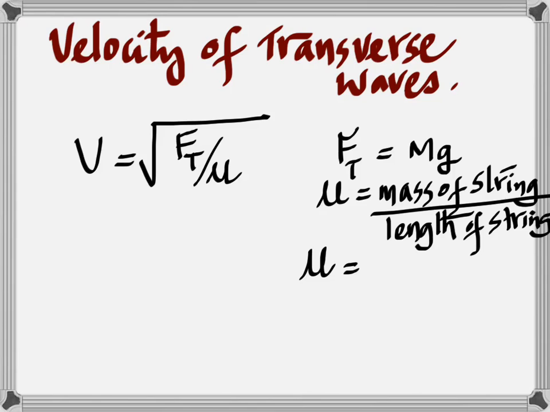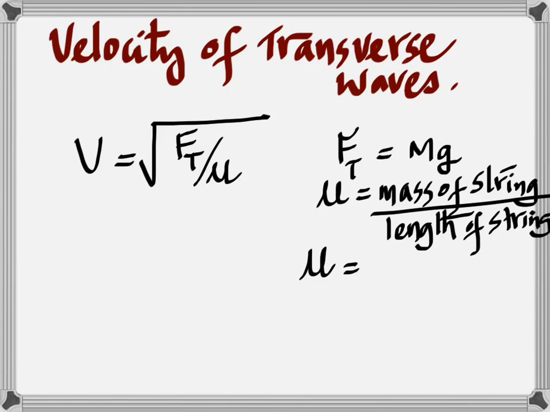Isn't this a cylinder? Cross-sectional area, which is pi r squared, times its height, which is 1 meter, because we're trying to find the mass of 1 meter. So pi r squared times h, which is 1 meter, times density.